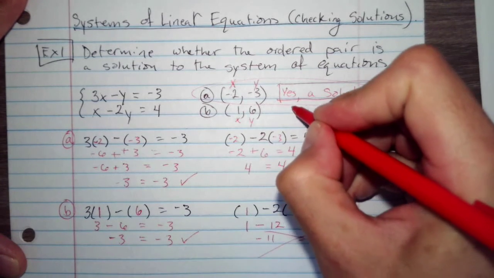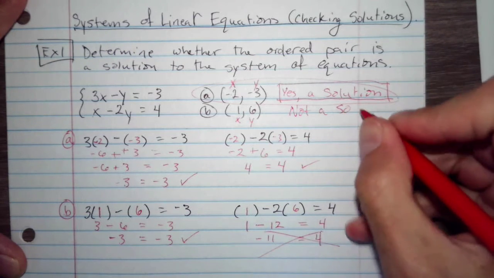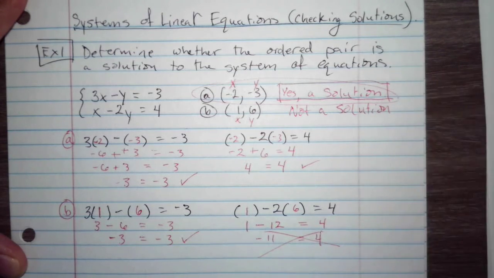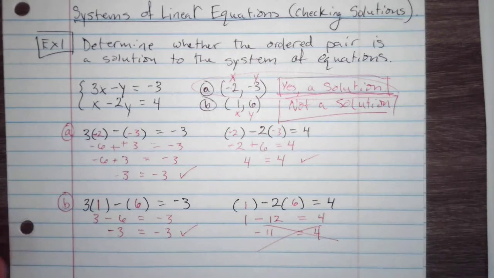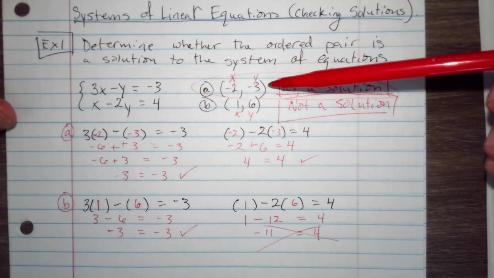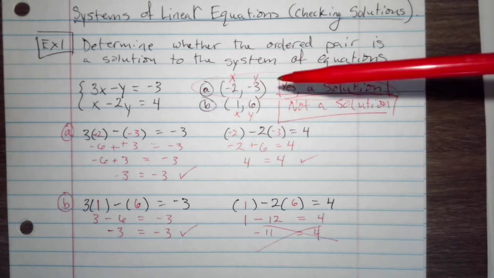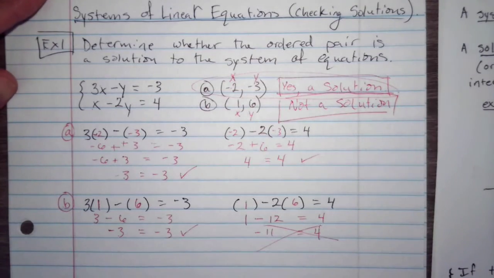So we would say not a solution. So we have two answers, but hopefully it makes sense that if you get one of them and it is a solution, the other one's not going to be a solution, because they're different ordered pairs, and you can only have one place where they intersect if they're just two lines like that.